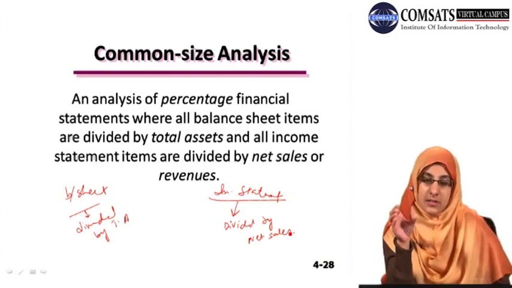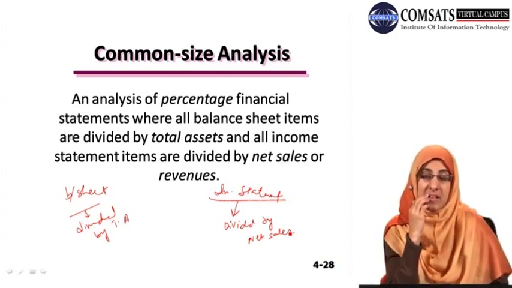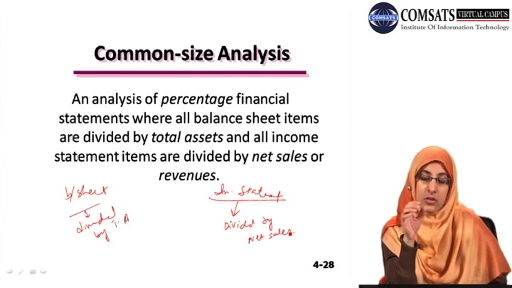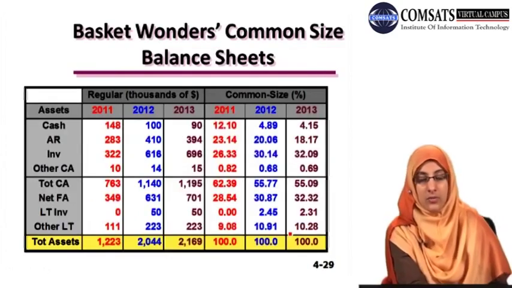So we divide all the income statement items by net sales and all the balance sheet items by your total assets. Now let's look at how we are going to find this out.